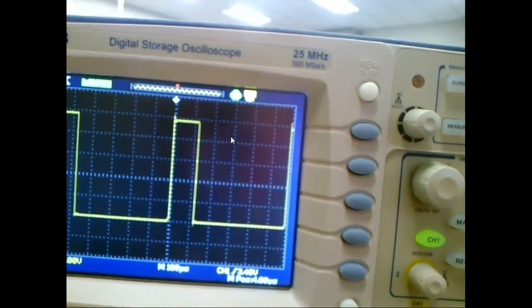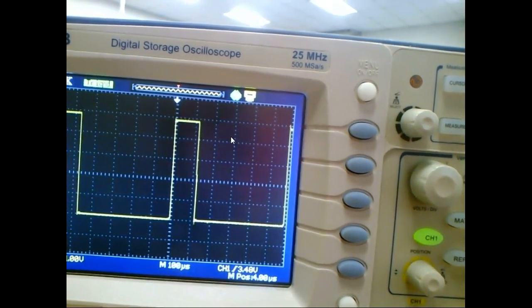Okay, so take 5 volts and multiply it by 0.2. Y'all did get 20%, right? Not divide, multiply.